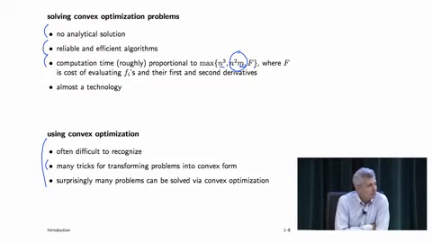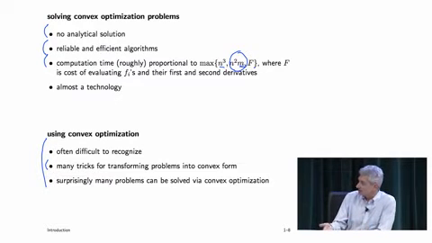There are some tricks. We will see a bunch of them where, for example, a problem might not be convex in its original form, but then you do some transformation and now it's convex. And the implication is that now it's easy to solve. A good example is that circuit design that we talked about. It's not convex in the lengths and widths, which are what you're supposed to optimize.